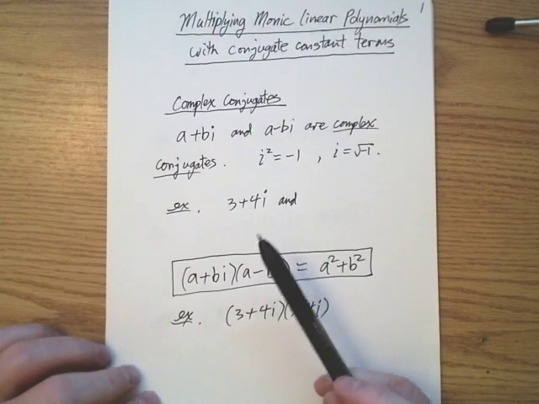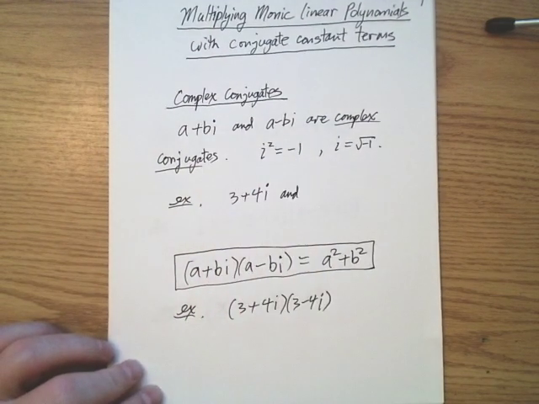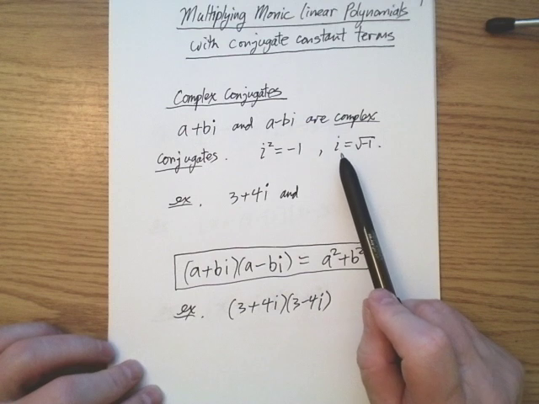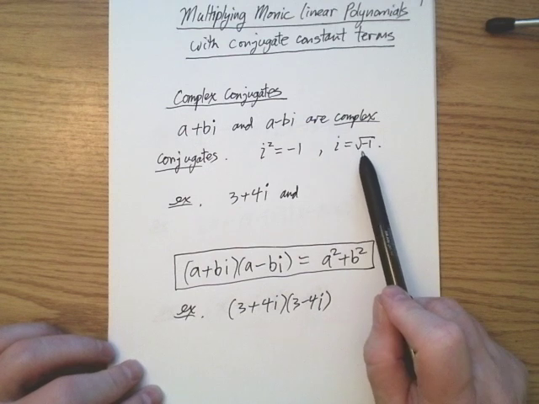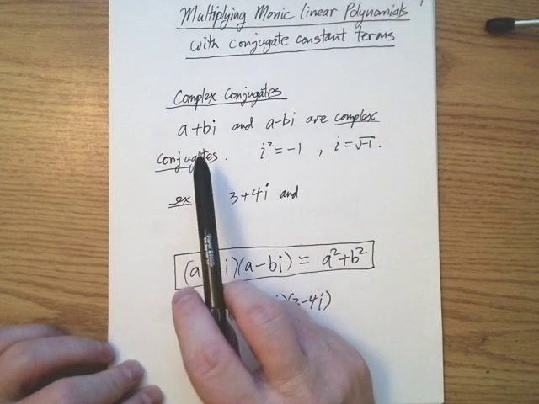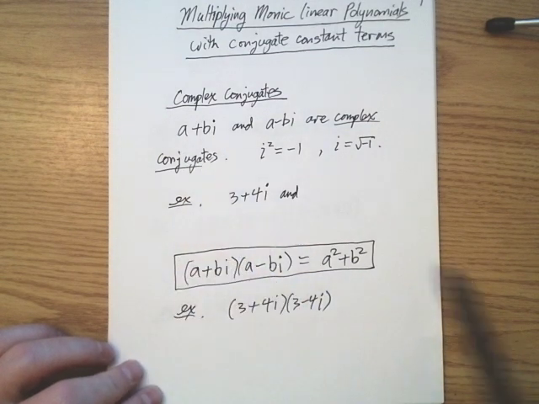You remember complex numbers look like this, a plus bi or a minus bi, where a and b are real numbers and i squared is -1, which is saying the same thing as i equals the square root of -1, okay? Do you remember, if I have a complex number, I find its conjugate by simply changing the sign on the imaginary part.